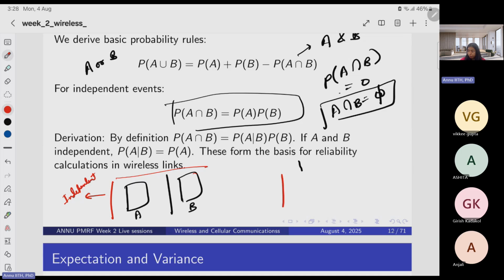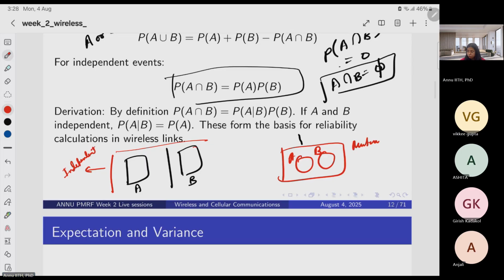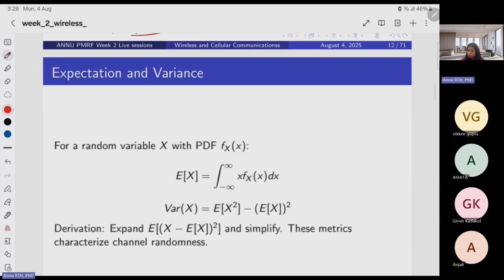If we have the same sample space but no similarity, it is mutually exclusive.